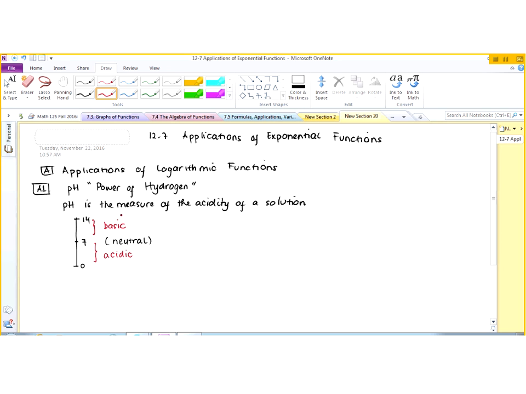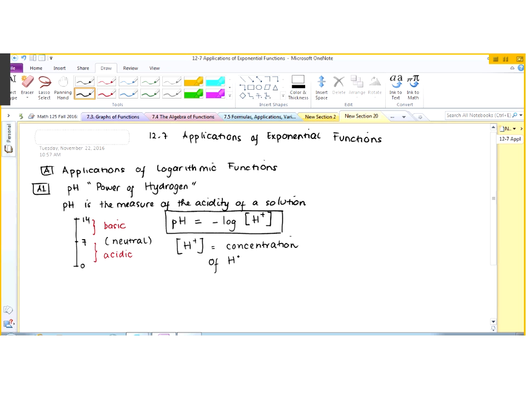Now, let's talk about some food. The formula for pH is negative log of the concentration of H plus. So it involves a log. This is called the concentration of H plus, the concentration of the hydrogen ion or hydronium ion.